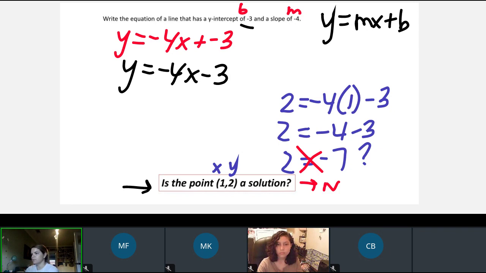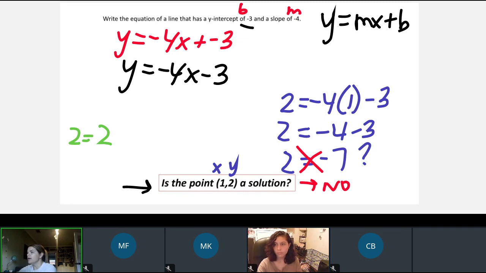Not, right? So that point is not a solution or not on the line, okay? When will it be a solution? If I got 2 equals 2. If you get one number equals the same number, okay?